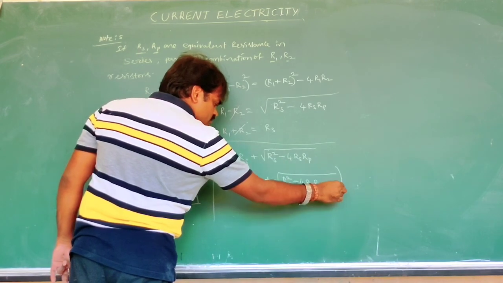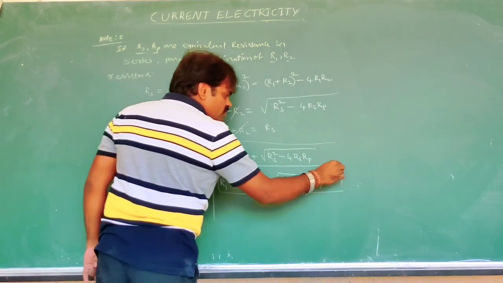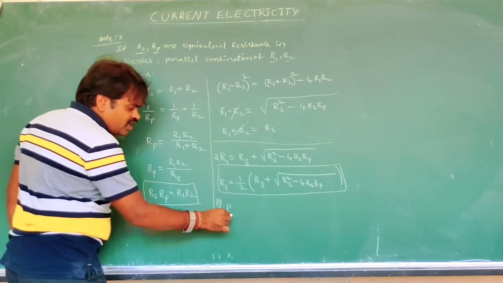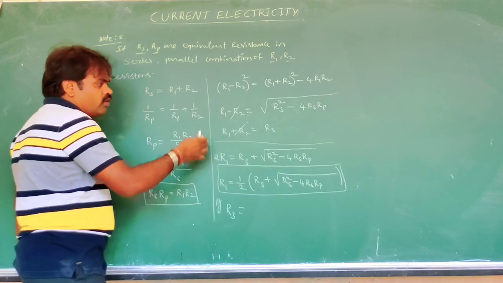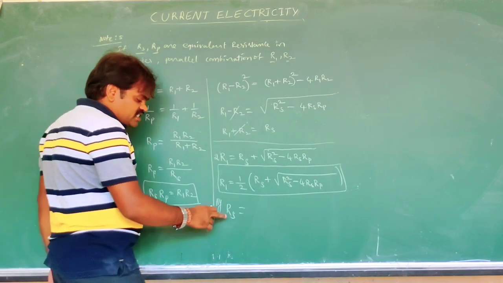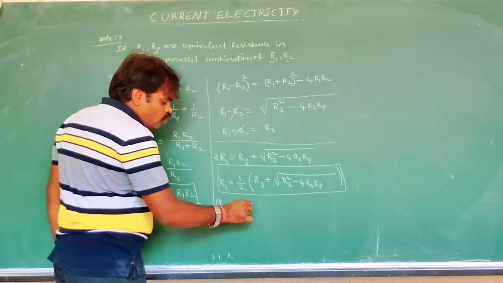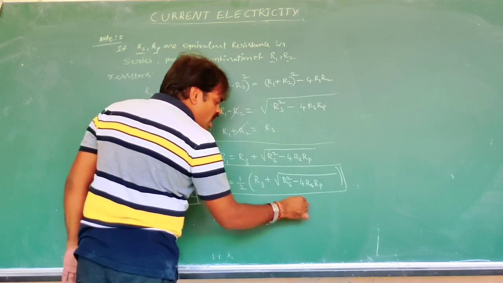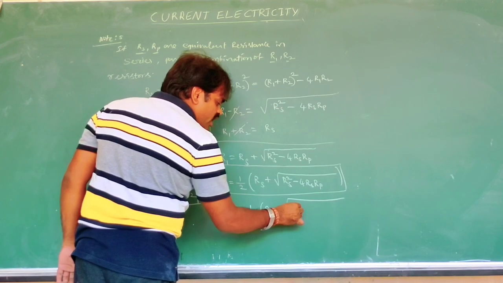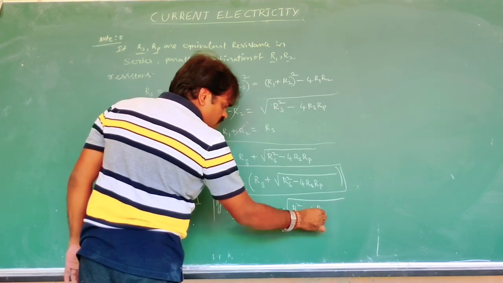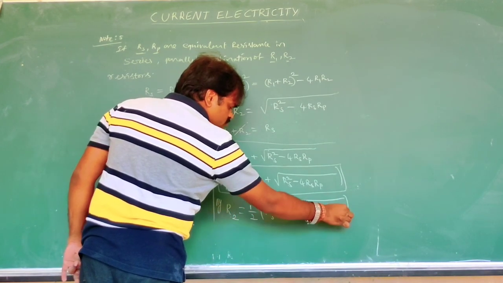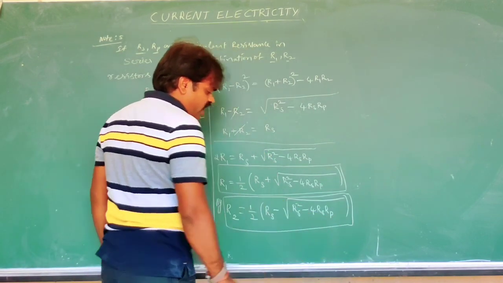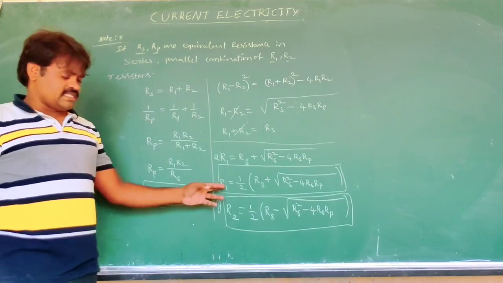Similarly, we find R2 by subtracting. Then we got R2 is equal to 1 by 2 into RS minus root of RS square minus 4 RS RP. By using these two forms, we can find the individual resistors.